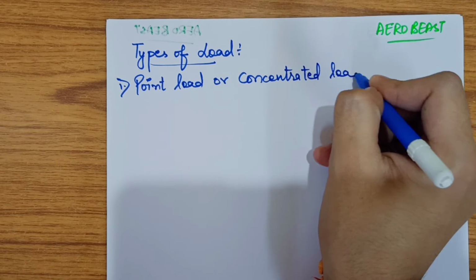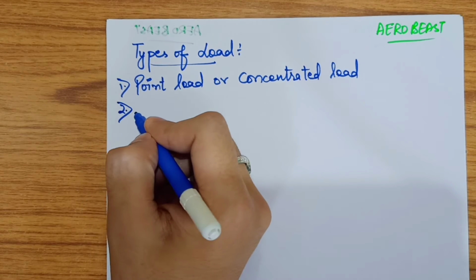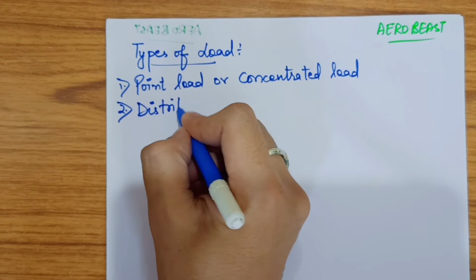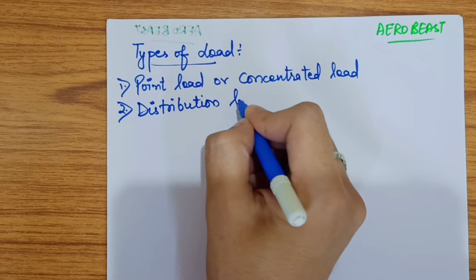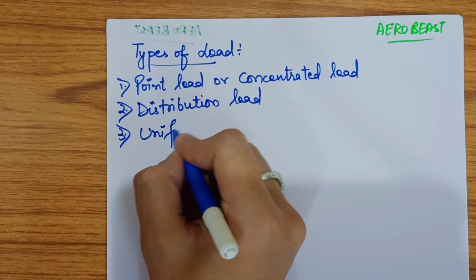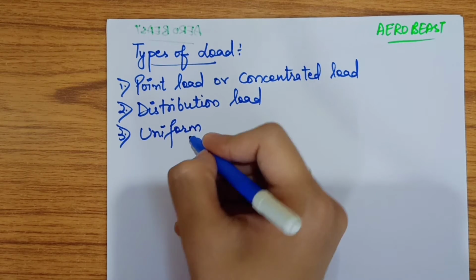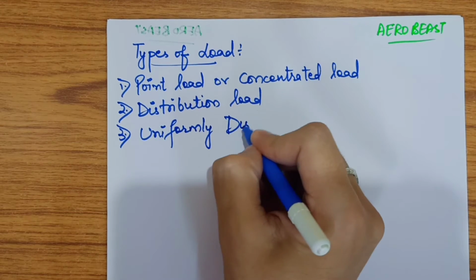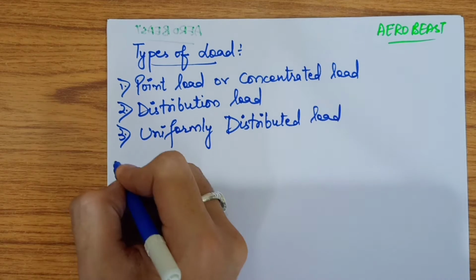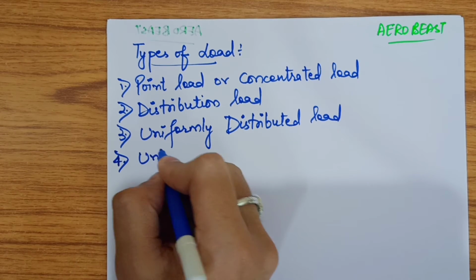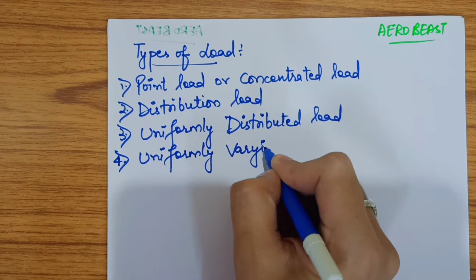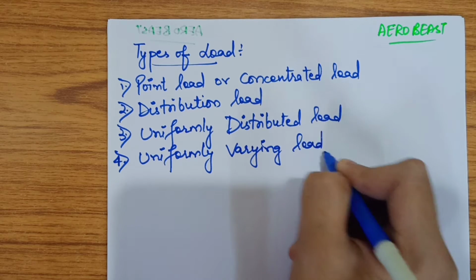The second one is distributed load. The third one is uniformly distributed load. And the fourth one is uniformly varying load. These are the types of load.